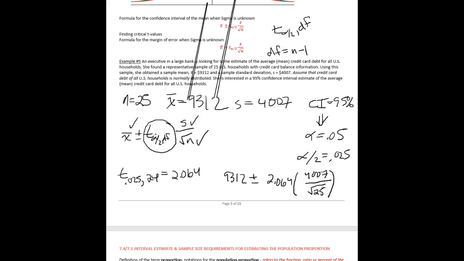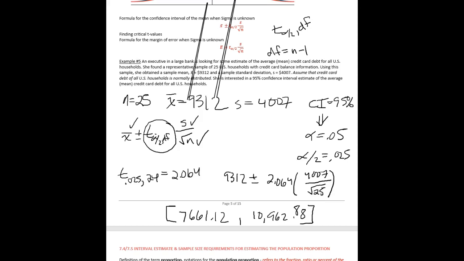And I am just going to tell you what the answer is rather than working out the arithmetic because I don't have room. And our answer is 7661.12 and 10,962.88.